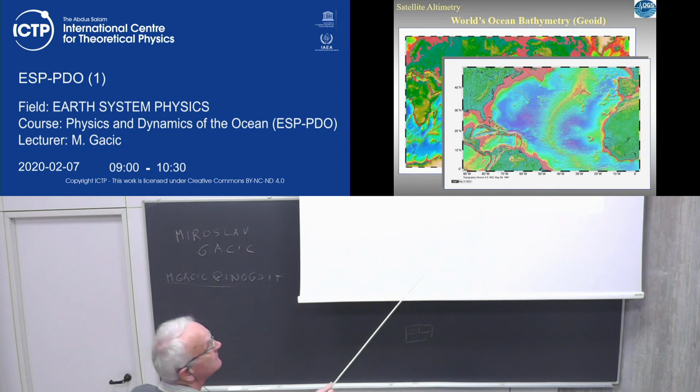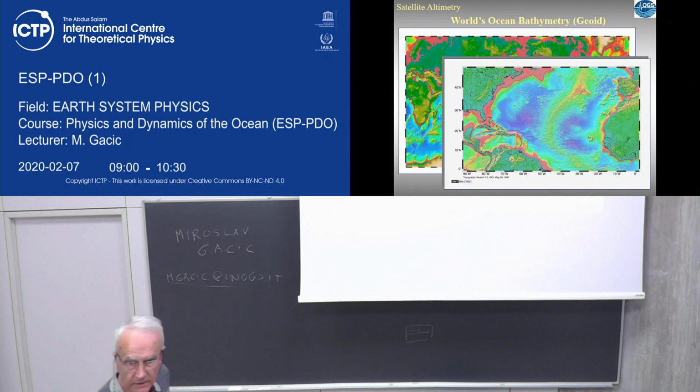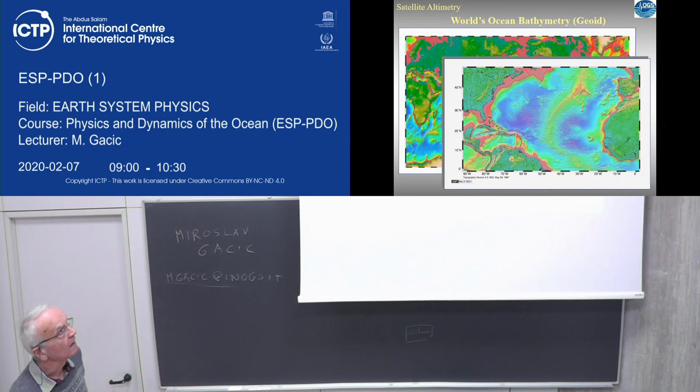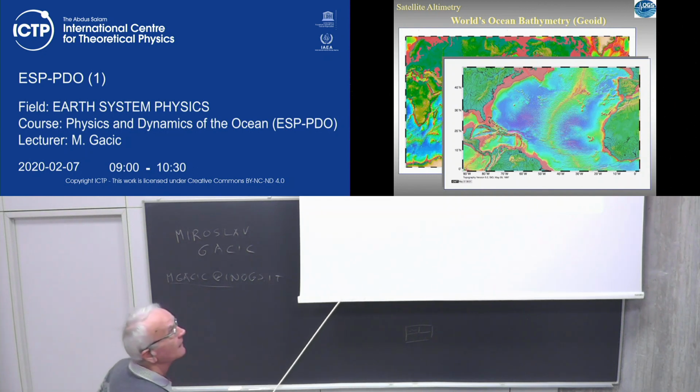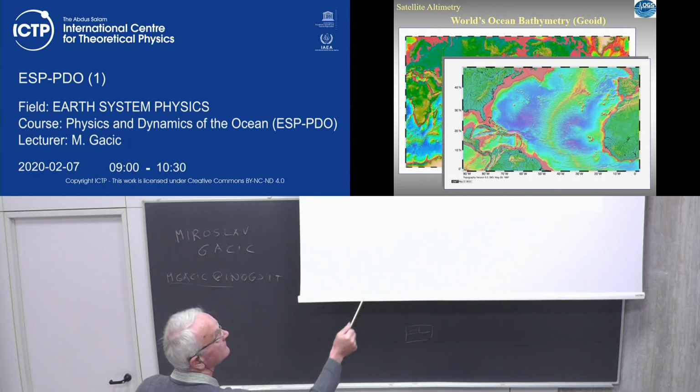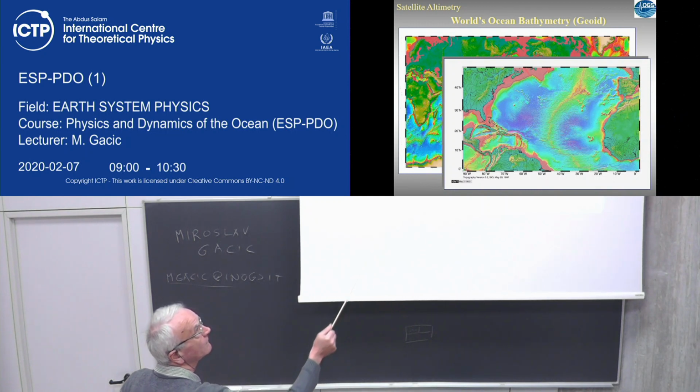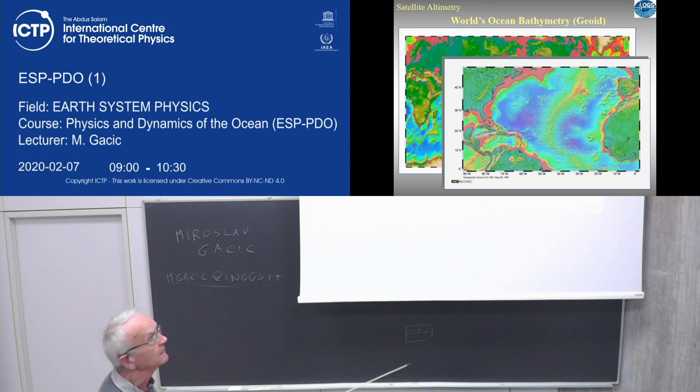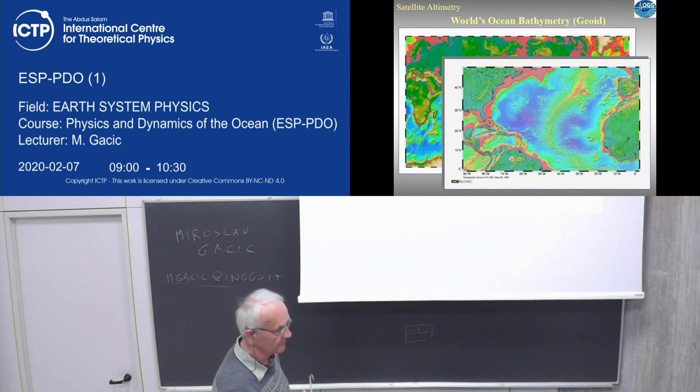Here is the Amazon River discharge area, so this is why the shelf is large. Here the shelf is also rather large because of the number of rivers which flow in here. And so you see that the scheme functions rather well.